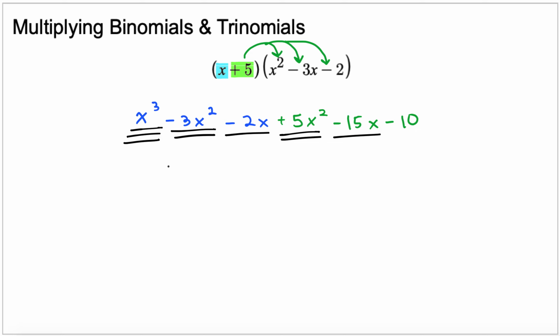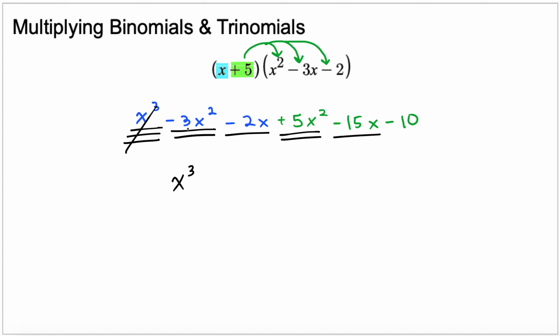This next part, I'm going to combine all of my like terms. So remember, that means only the numbers that have the same exact underline. So I'm going to start with the ones that have the most amount of underlines, which is x cubed. That one has nothing else in common with it, so that stays the way that it is.